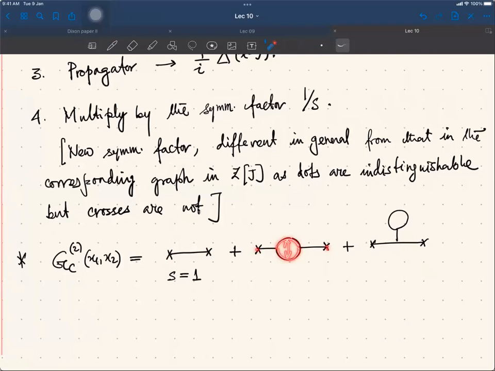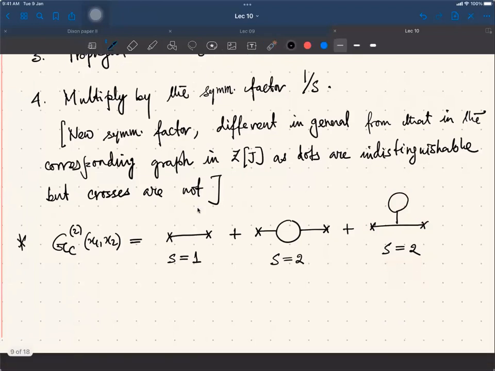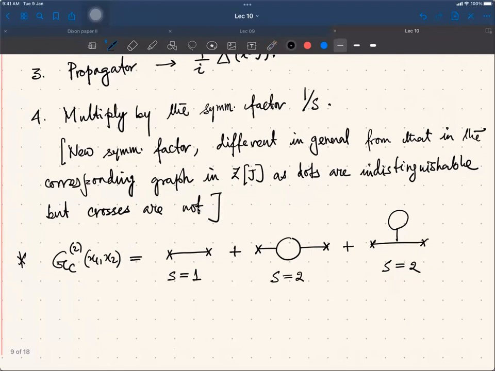This remains the symmetry, but these dots become external distinguishable points, so it is only s equal to 2. The same argument applies here. The dot interchange symmetry is not there anymore, but twisting the loop is still a symmetry, so that is s equal to 2. And this is how you will get all other higher order terms, higher order in g. So this is g square, this is also g square, this is g to the power 0.